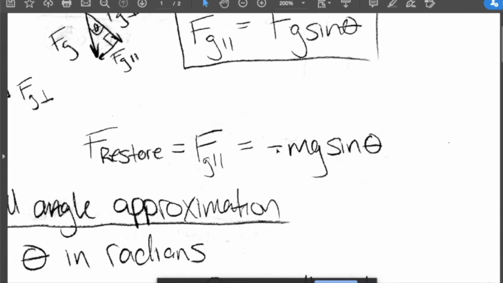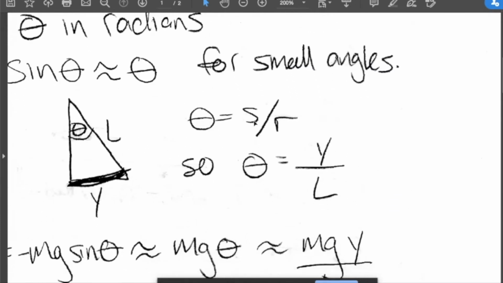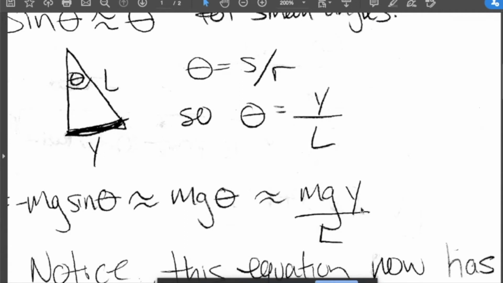If you forgot that, go back to the video where I first introduced simple harmonic motion. I said it's only technically simple harmonic motion if the restoring force wants to restore the object to equilibrium and it is proportional to the displacement. Now that we've used the small angle approximation, the force is directly proportional to the displacement.